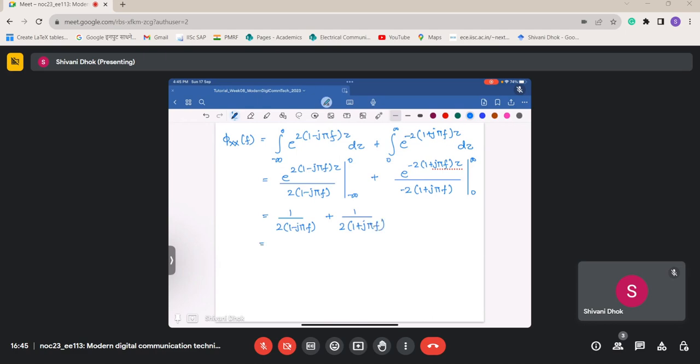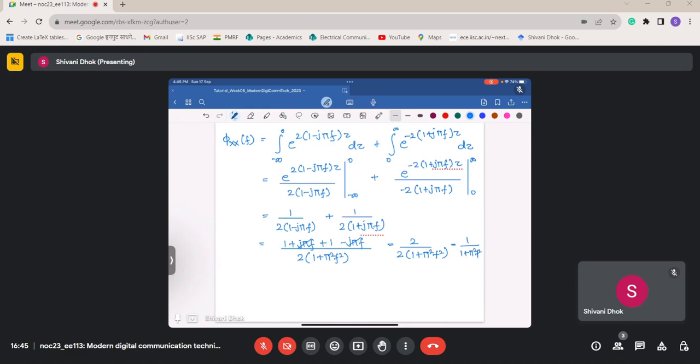Now if we take the LCM of the denominators, what we have is 1 plus j pi f plus 1 minus j pi f upon 2 into (1 plus pi square f square). This gets cancelled, so we have 2 upon 2 into (1 plus pi square f square), which comes out to be 1 upon 1 plus pi square f square.